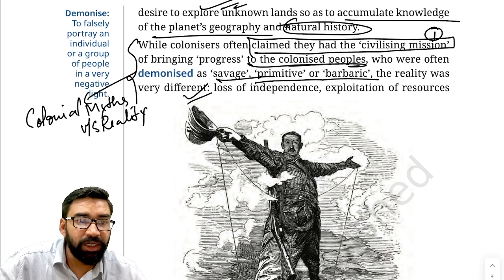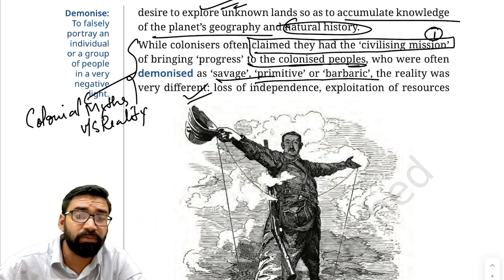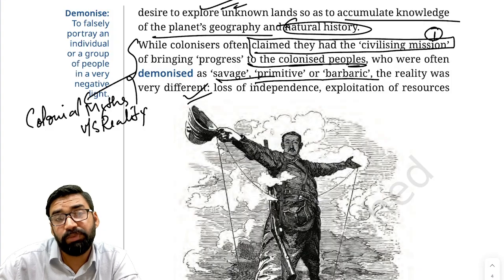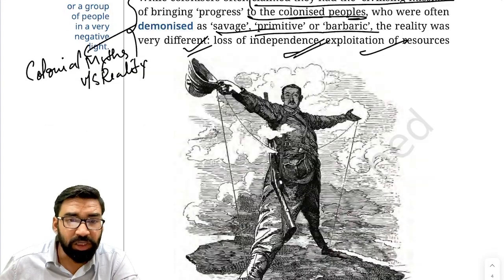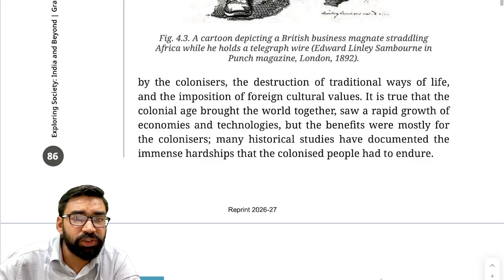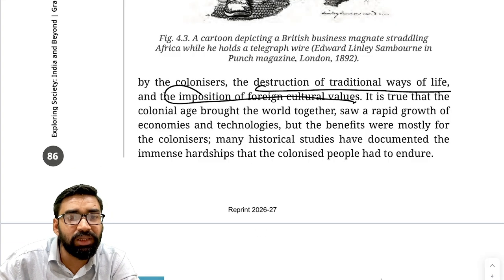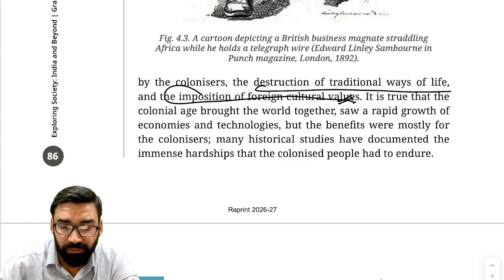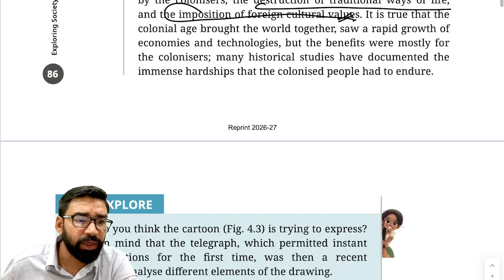They came in the name of a civilizing mission, but the indigenous people lost their independence, exploitation of resources started, then destruction of traditional ways of life started, and they started imposing their foreign cultural values. That we need to understand.